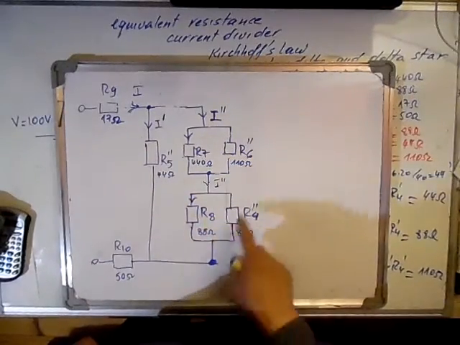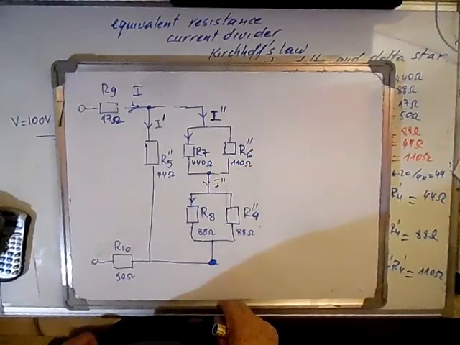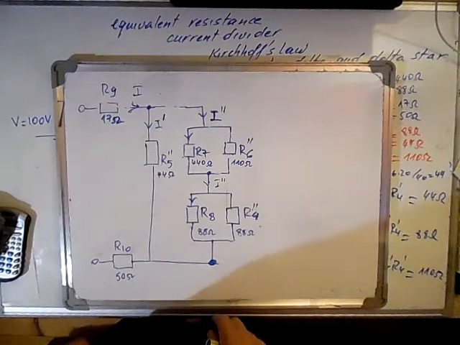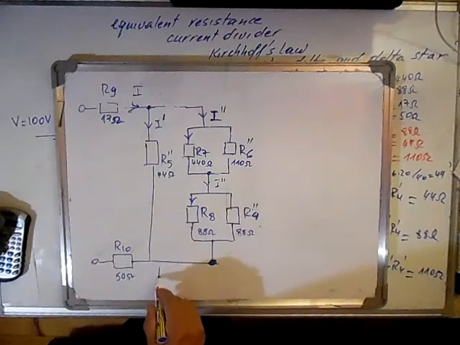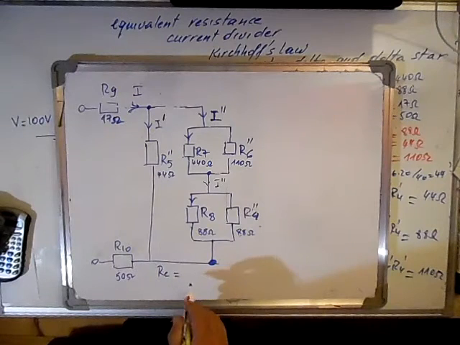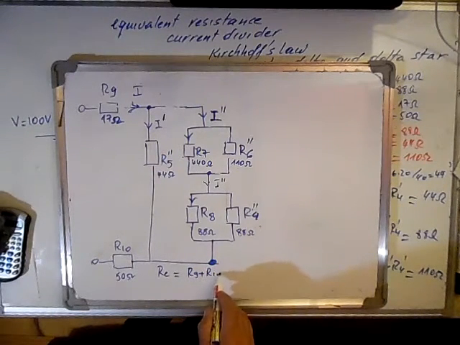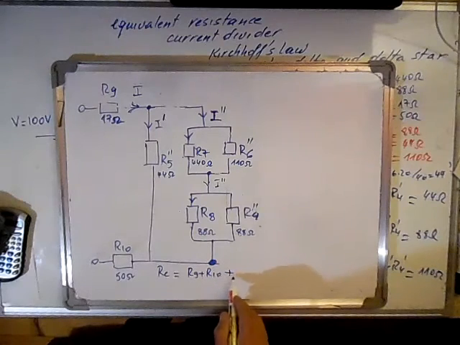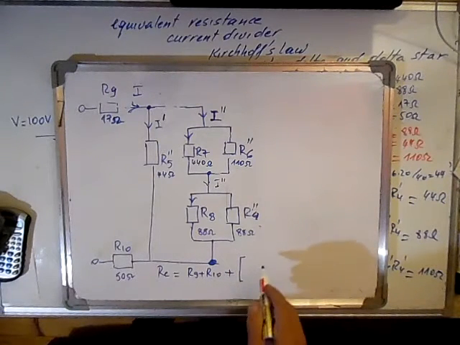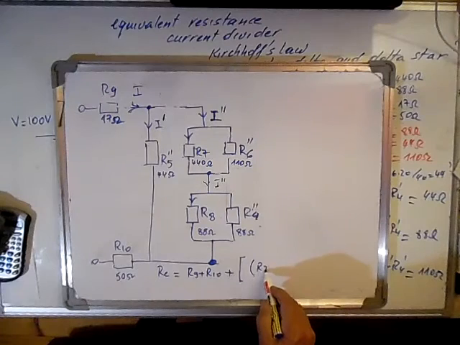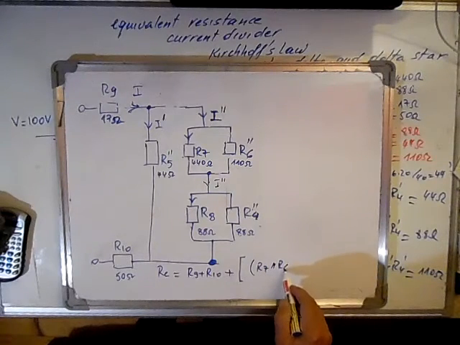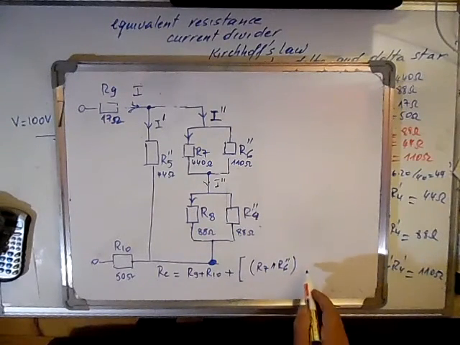Reduce the circuit to this one, so we can calculate the equivalent resistance. The equivalent resistance is R9 plus R10 that are in series, plus R7 in parallel with R6 2 prime.